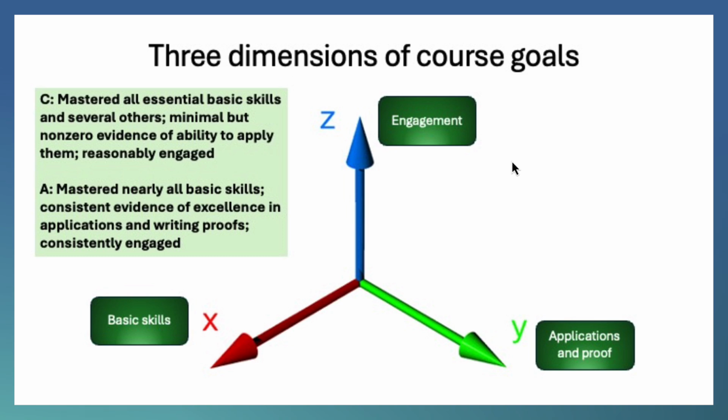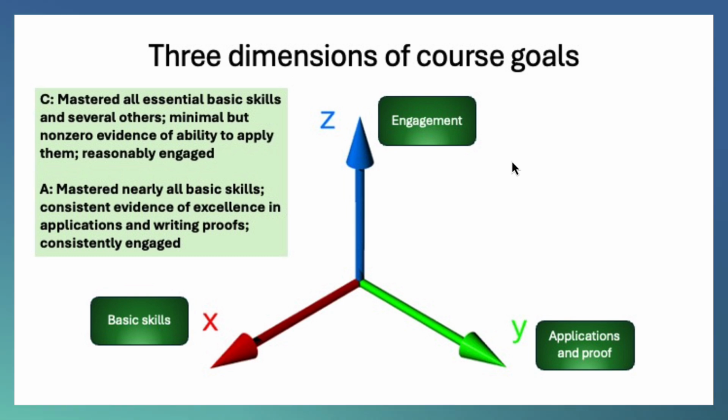An A student, if a student gets an A in my class, I would like to say about that student, for example, if they're applying for graduate school or a job and I have to write a letter of recommendation for them, I would like to be able to say this student has mastered almost all of the basic skills in the class, if not all of them. They consistently show excellence in taking those basic skills and doing something higher with them, whether it's applying them to interesting application problems or extending the idea or proving something about that idea.